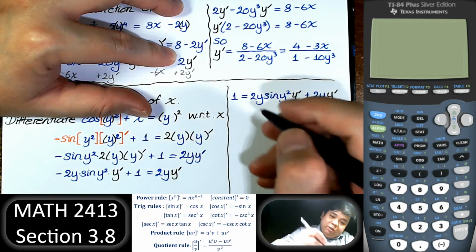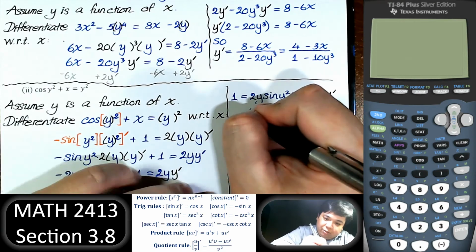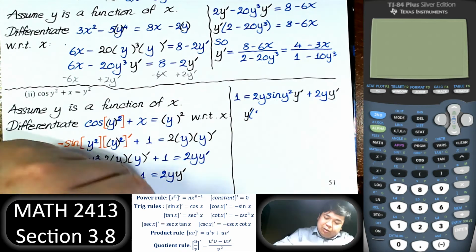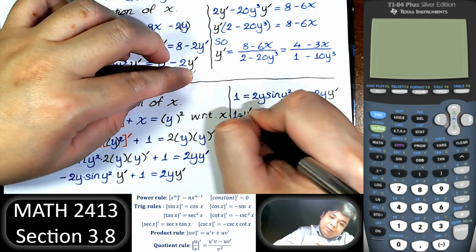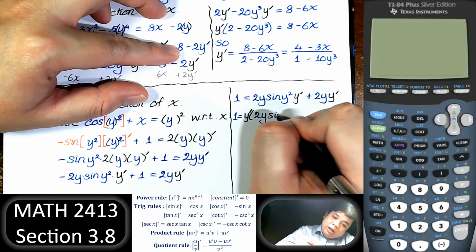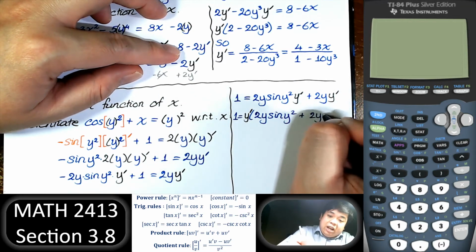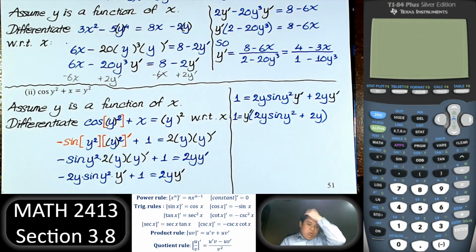Factor y prime. Inside I have 2y sine y squared plus 2y. In fact, I can just factor out 2y if I want to, but we don't need to. We just need to factor out y prime because that's what we solve for.